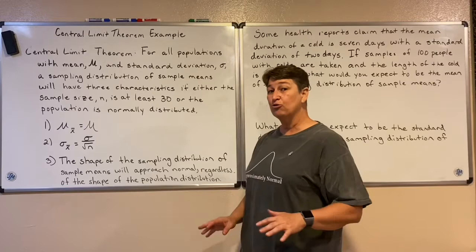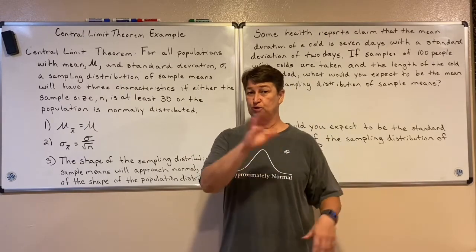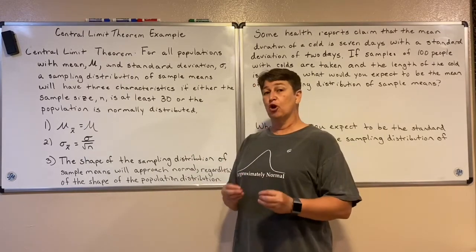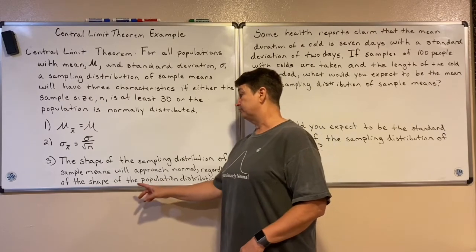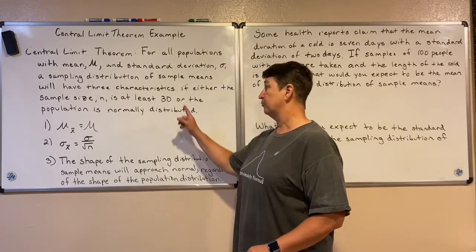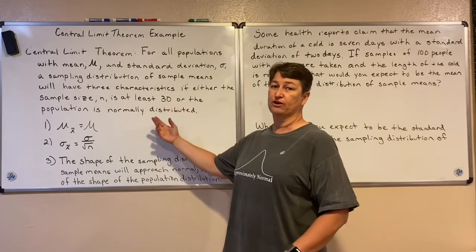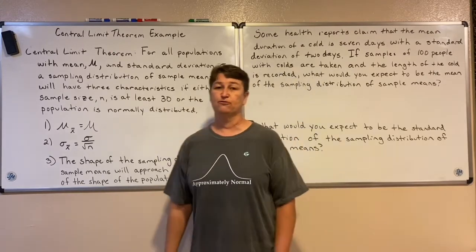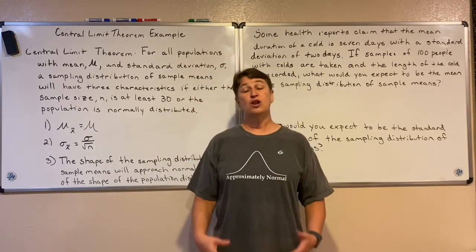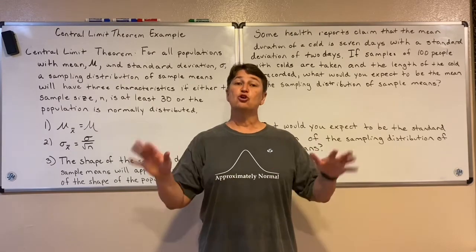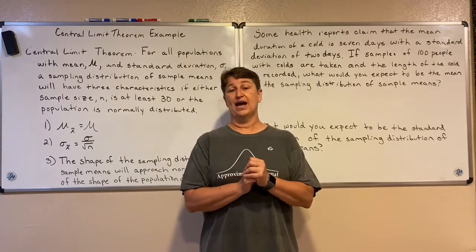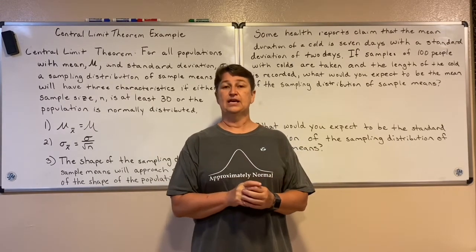No matter the shape of that original distribution, it will approach normal, as long as my sample size is at least 30, or if my population is normally distributed to begin with. And then the larger the sample size, the closer to normal that sampling distribution is.